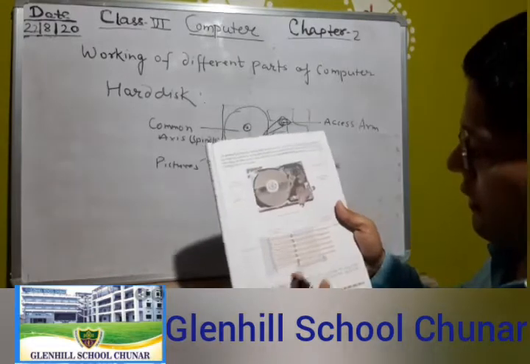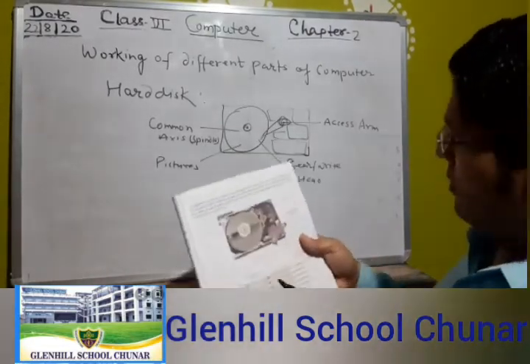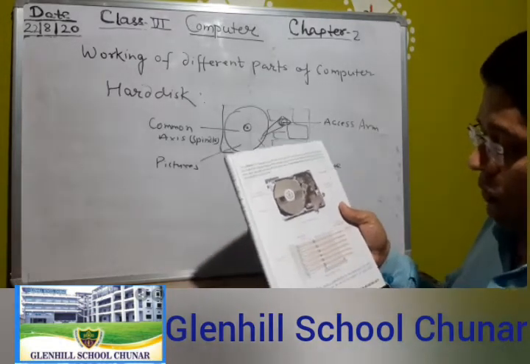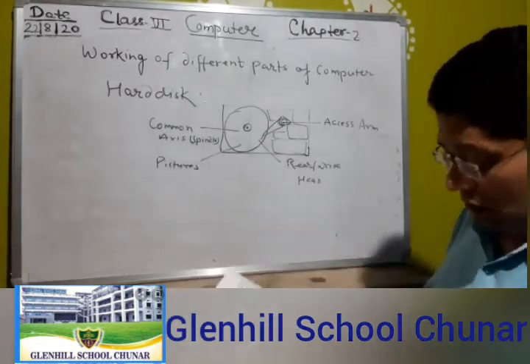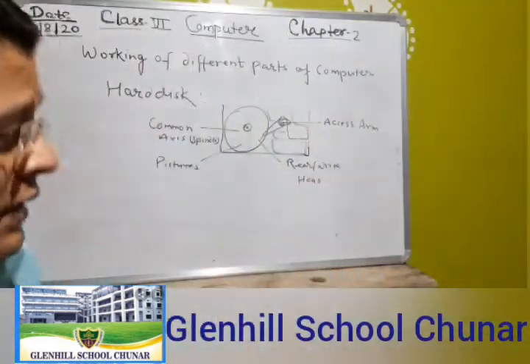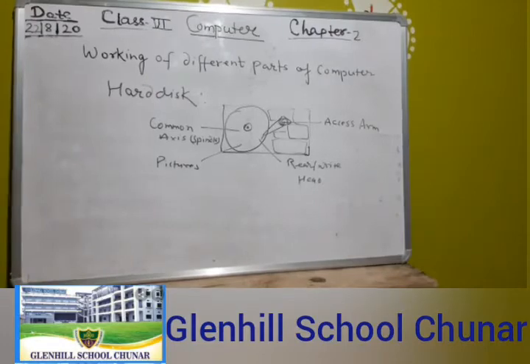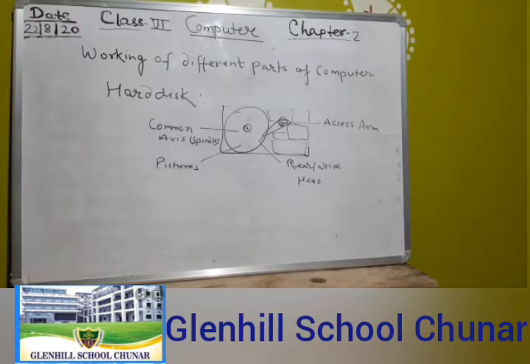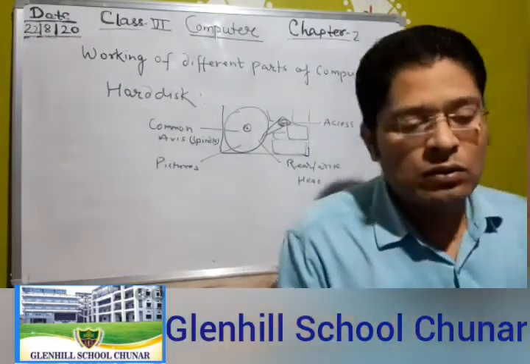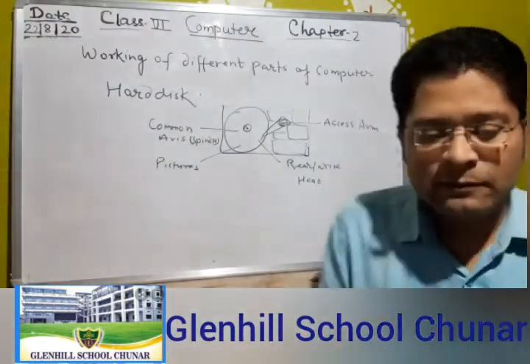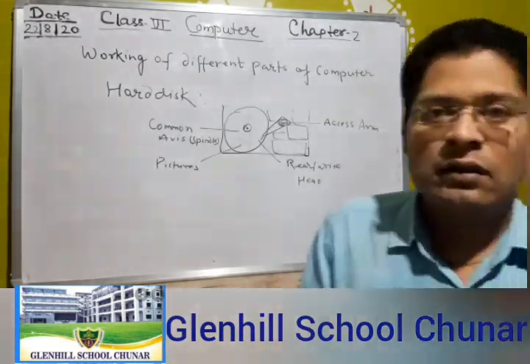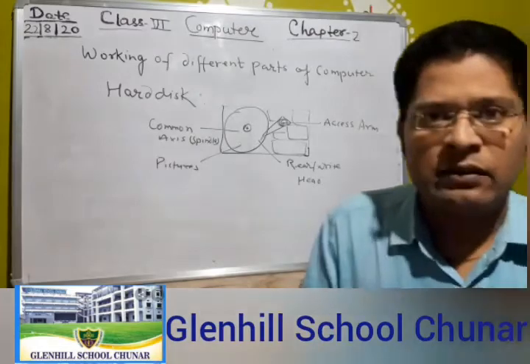The explanation of the read write head in this figure. So that means hard disk is a storage device. It holds a large amount of data than a floppy disk, and we can say than a CD.